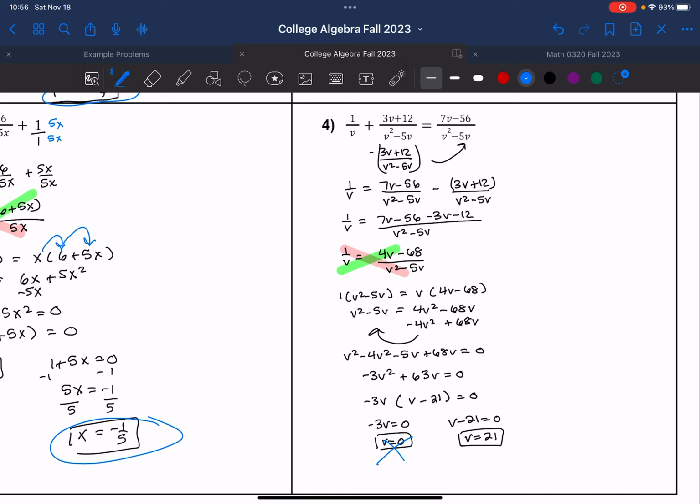But if we check 21 and we plug in 21 into each of these denominators, we're just going to get a number. And that number is not going to be 0. So that means the answer is v equals 21. It's always good to double check, though, for both, because it could be a possibility where neither of your answers are correct. And so that would leave us with a no solution.